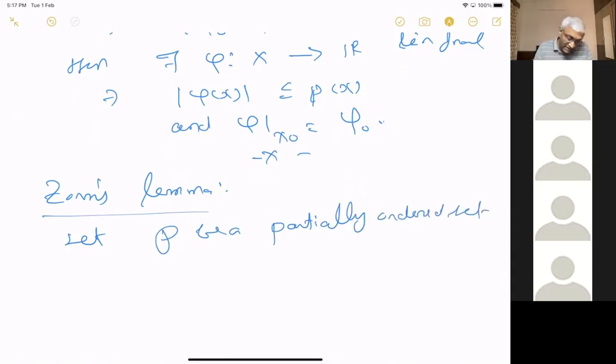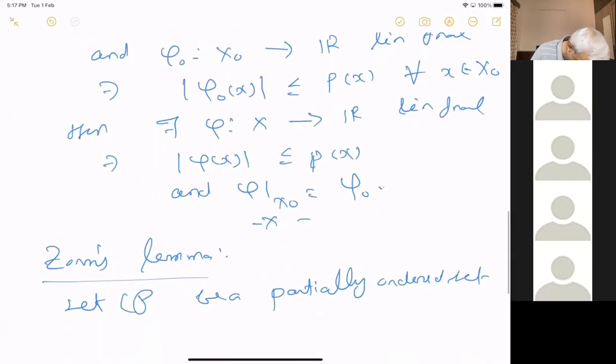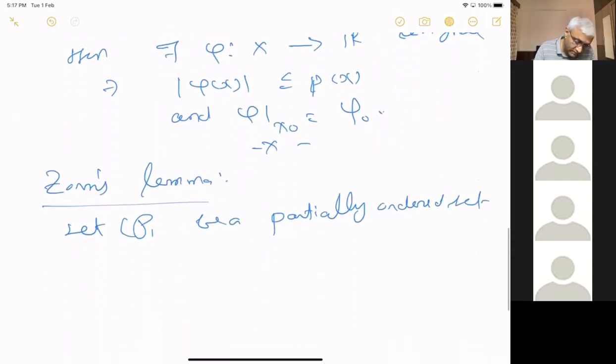By partially ordered set we mean there exists a relation on that, script P with a greater than or equal to. Script P is just a set, and this greater than or equal to is just a relation. You know what a relation is? It is just a subset of P cross P.